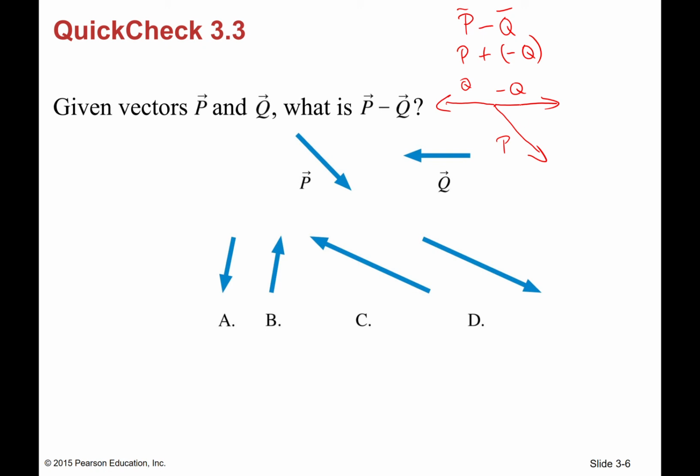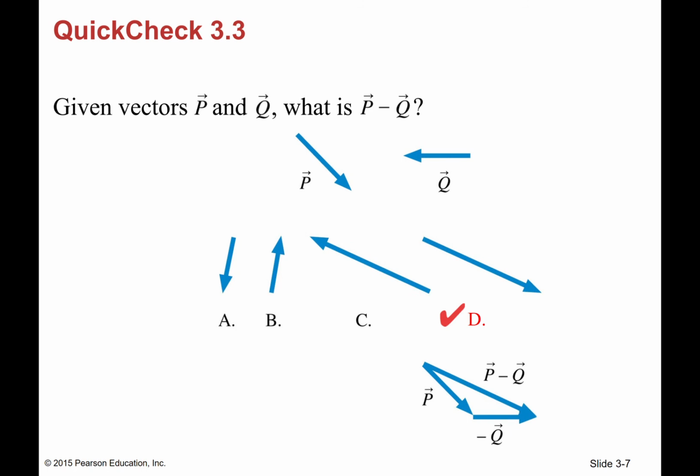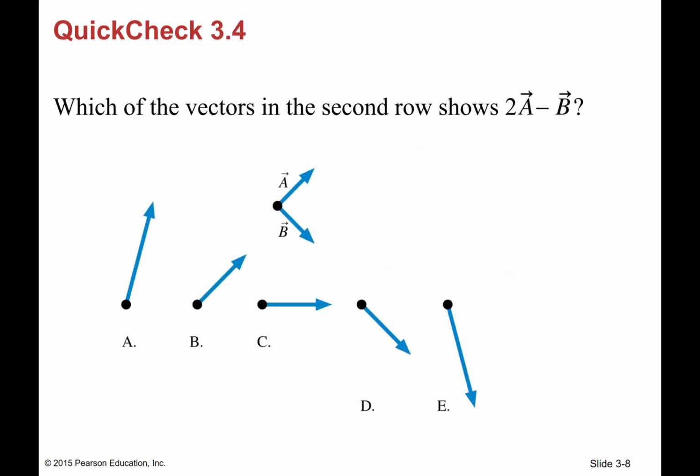So P plus minus Q gives you this vector that goes all the way here, if you apply the parallelogram rule. It'll be this guy here, and that's how you do that.